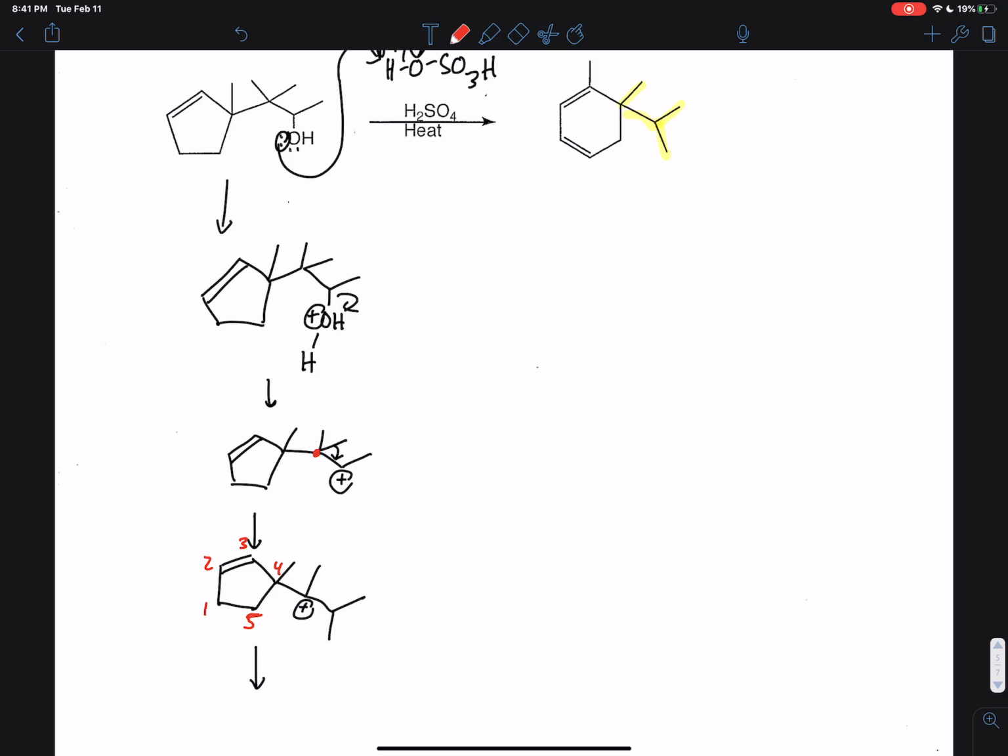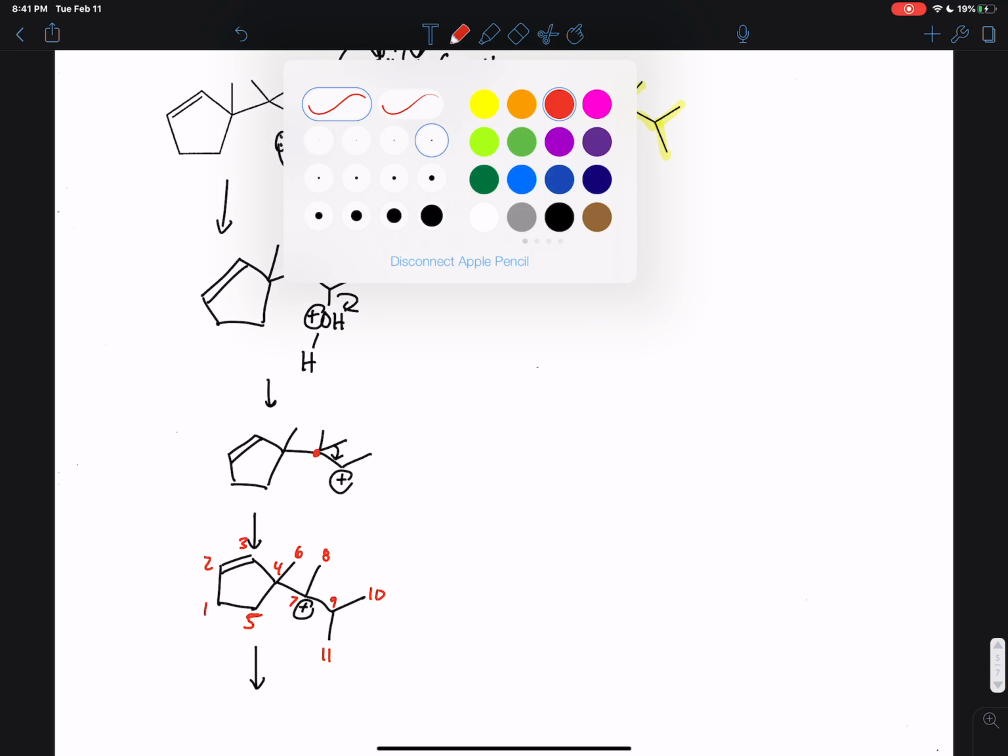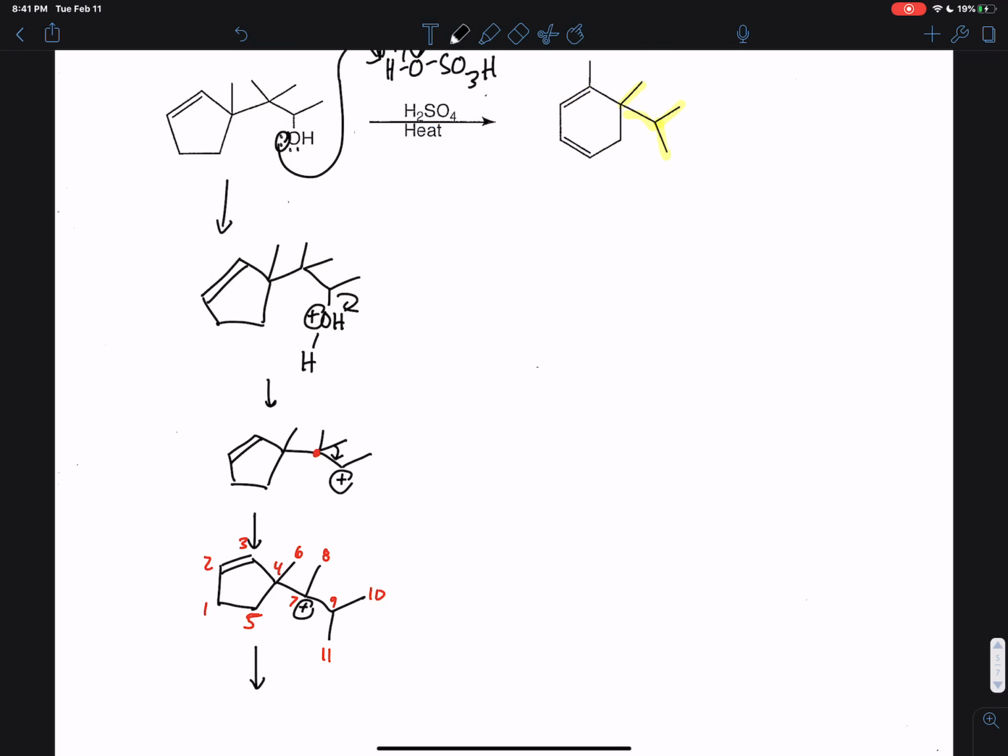Four. Perfect. So which bond is the one that has to move? Between 4 and 5.